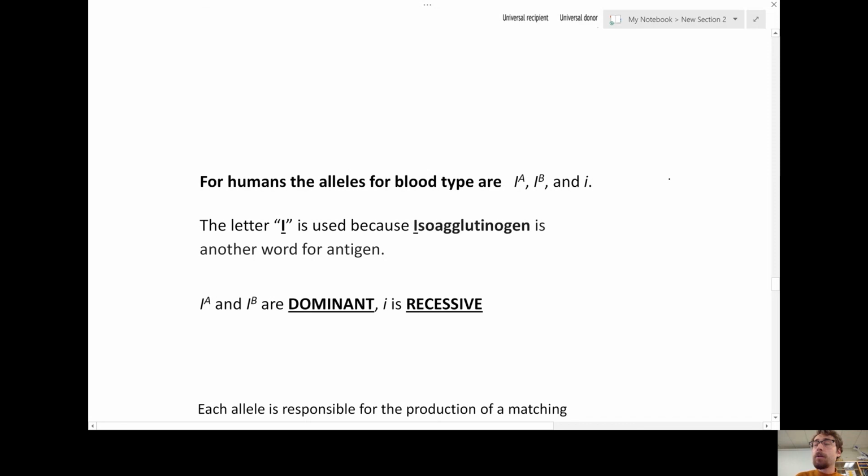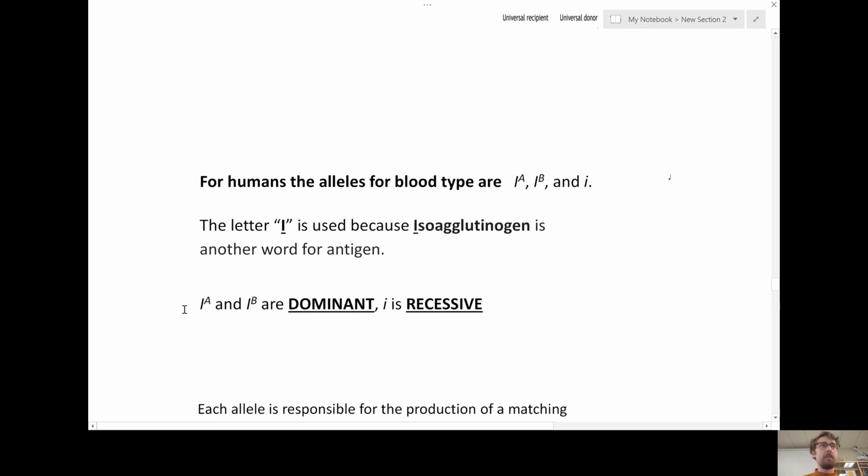It's similar to our codominance and incomplete dominance, where we're using the capital letter. When we're dealing with blood types, we use the letter I. We use I instead of B because I is short for isoagglutinogen, which is another word for antigen. With our blood types, IA and IB are both dominant, and our lowercase i is recessive.